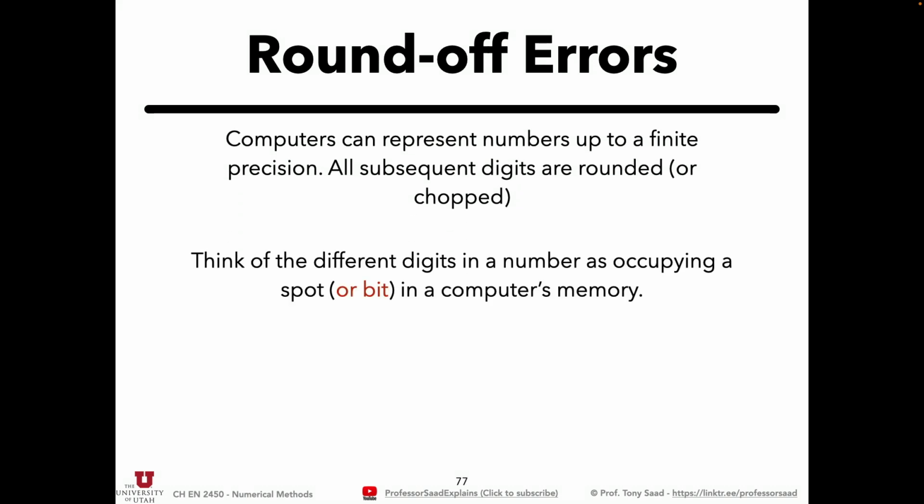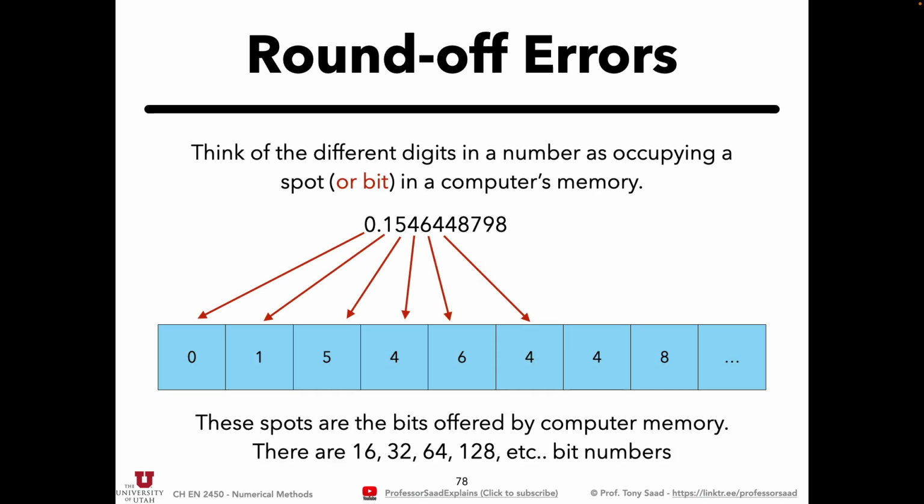Now, think of the different digits in a number as occupying a spot in a computer's memory, or a bit, okay? So for example, a number like this one, and this is completely qualitative, just to illustrate how it works. We are not going to go into the details of digital representation of numbers and mantissas and whatnot. It's not the purpose of this discussion.